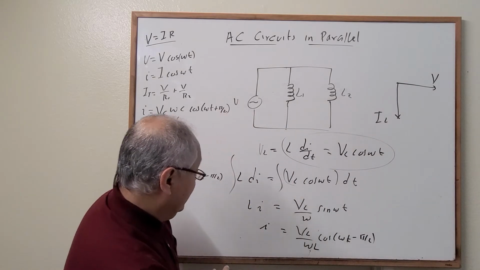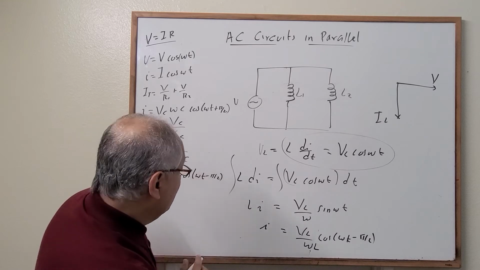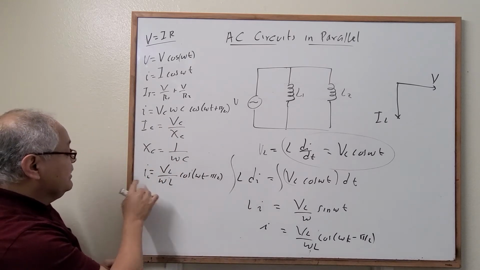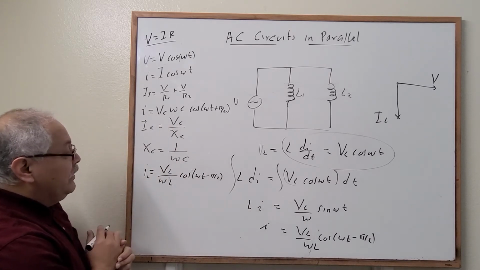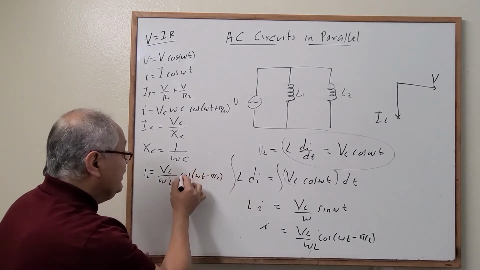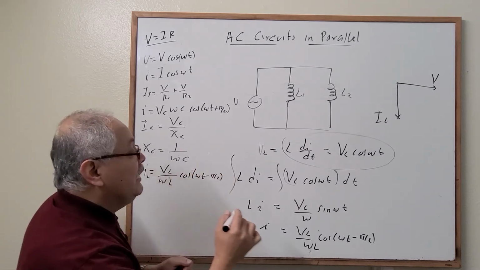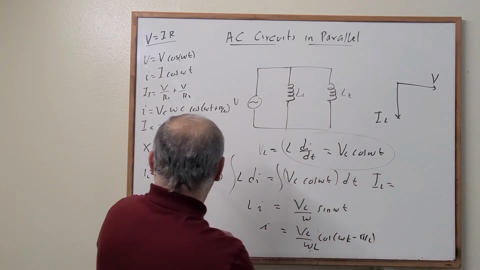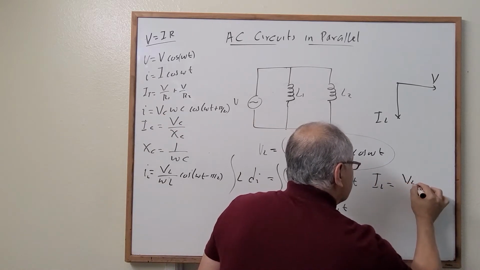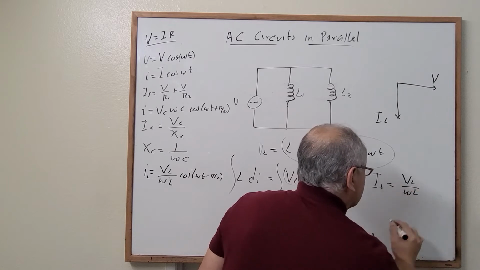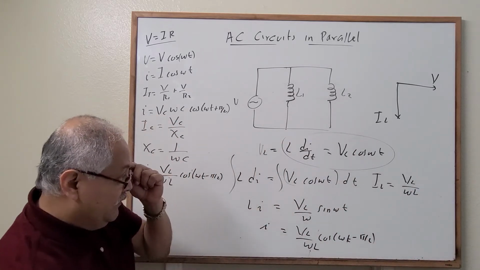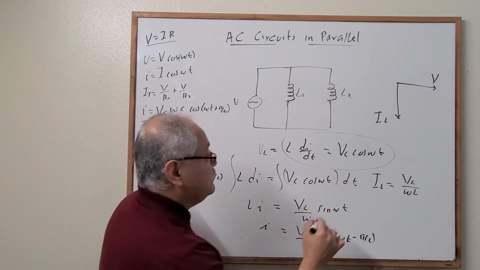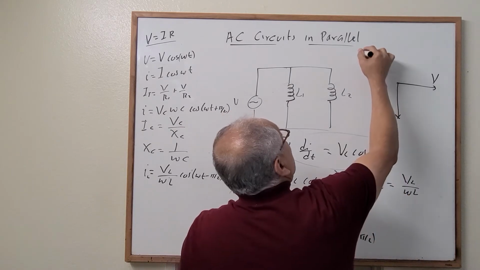Now, what about the maximum current? Well, the same thing as before. We make this quantity equal to 1, and we have that the maximum current through the inductor is equal to the voltage through the inductor divided by omega times the inductance. And the same thing as before, let's compare this to Ohm's law.